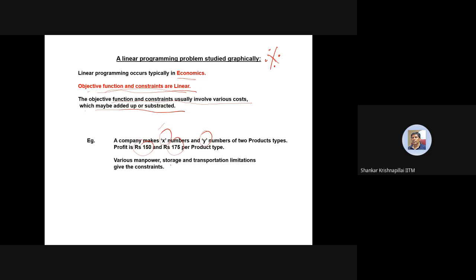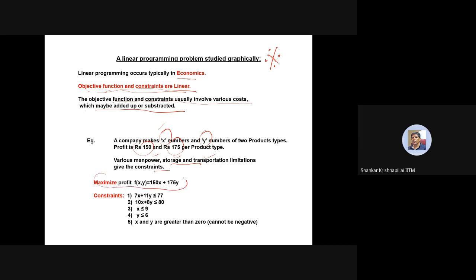The various constraints and objective function which involve manpower, storage, and transportation limitations are written below just as an example. For example, you want to maximize the profit. So 150 rupees is the profit per X component, 175 rupees is the profit per Y component. Depending on the numbers of X and Y, the maximum profit can be summed up.